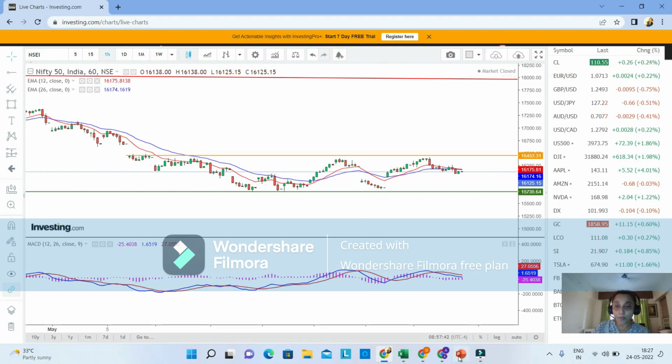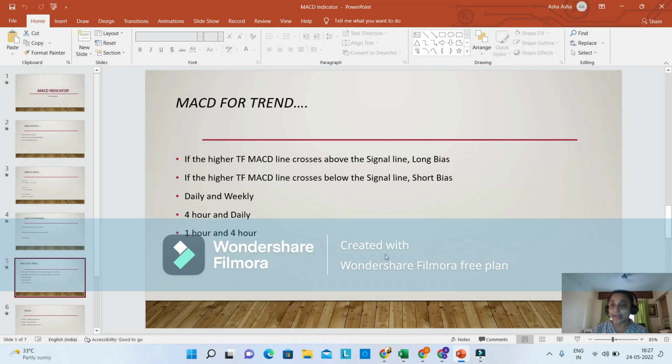So if you're trading daily, you look at the MACD for weekly to understand the trend. If you are trading 4-hourly, you look at your daily for a reversal in trend. And if you're trading hourly, you look at your 4-hourly or daily for a reversal in trend. Basically, MACD helps you understand what the bigger trend in the market is. Clear? I hope this is clear.